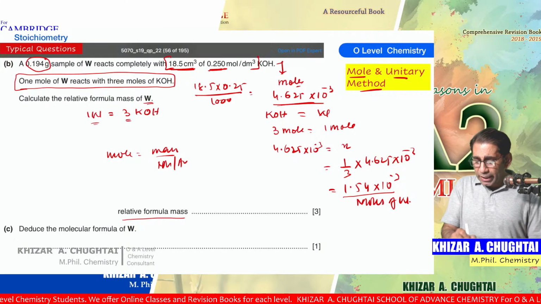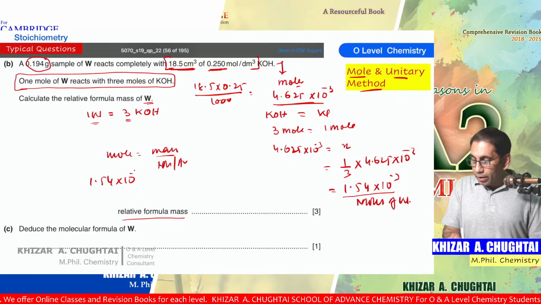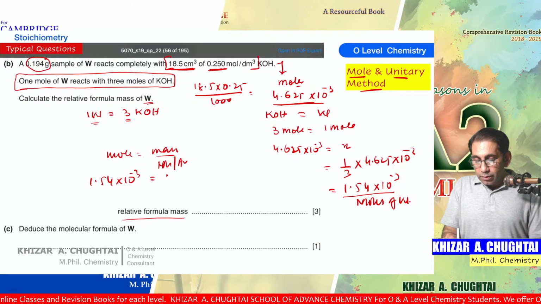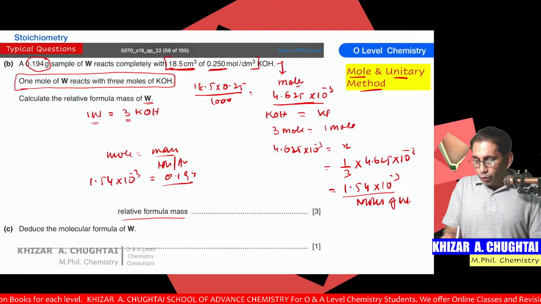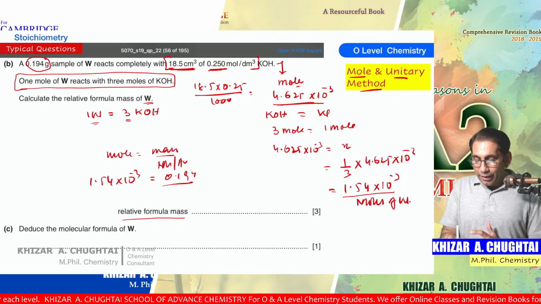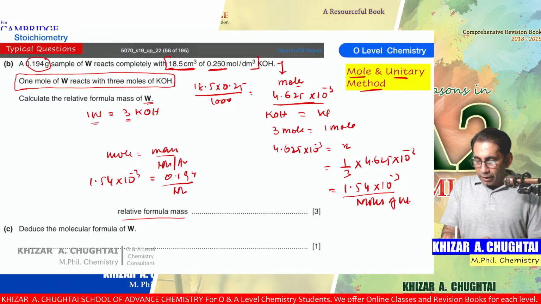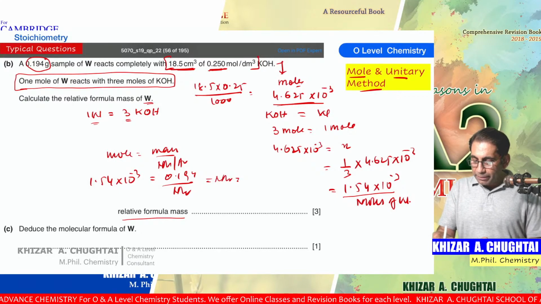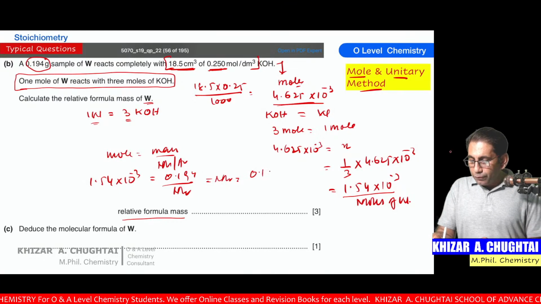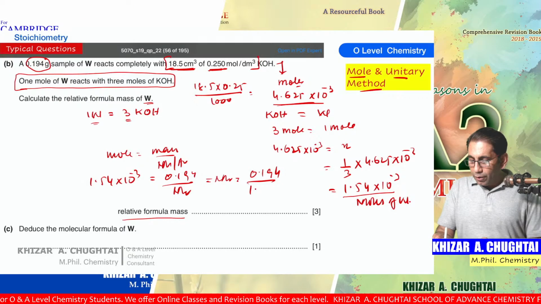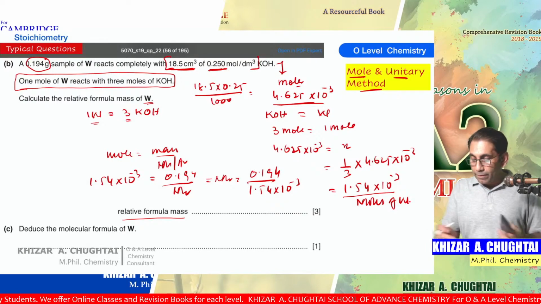In this case, the mole is equal to 1.54 × 10^-3, and we have the mass, which is 0.194, and we are supposed to calculate its formula mass, I mean MR. So MR will be equal to what? Cross multiplying, MR is equal to 0.194 divided by 1.54 × 10^-3.